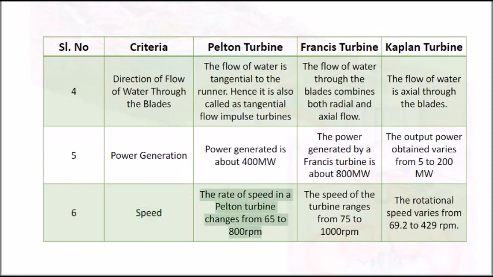The rate of speed in a Pelton turbine changes from 65 to 800 rpm. The speed of the turbine ranges from 75 to 1000 rpm. The rotational speed varies from 69.2 to 429 rpm.